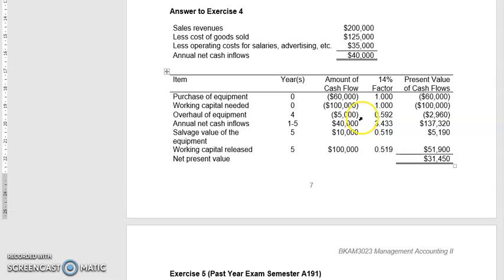Overhaul of equipment 5k. Annual net cash inflow we calculated earlier, 40k. Salvage value on the equipment 10k, and working capital release 100k. So we get the NPV of 31.45.